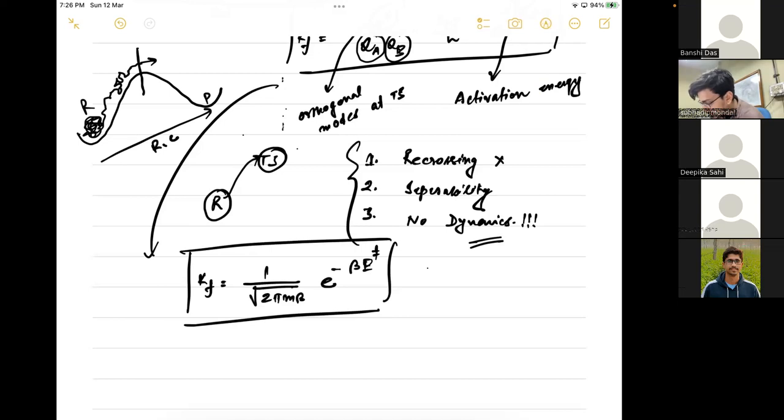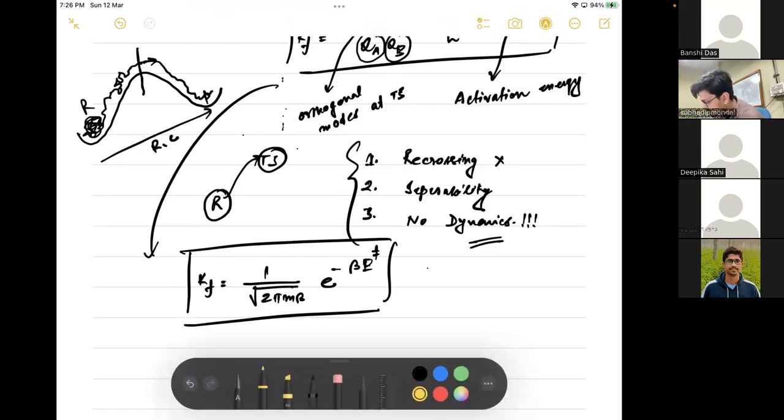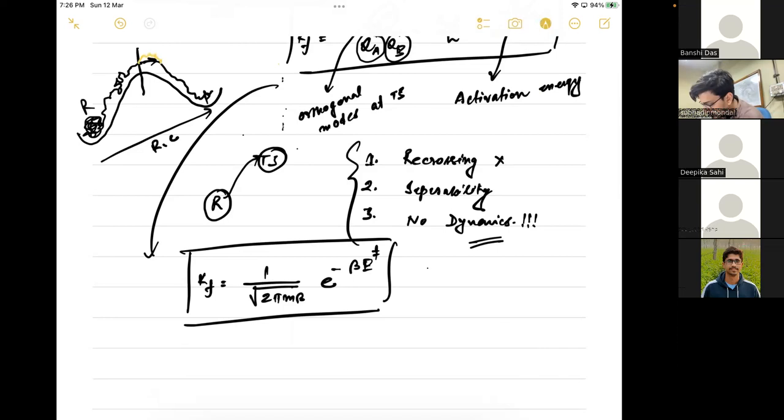But after this point, instead of going to the product side, the trajectory can do like this, and then come back to the reactant side. This is the actual dynamics of the trajectory, the yellow one, and the black one is the assumption of TST. So recrossing-free TST means we are neglecting the dynamics.